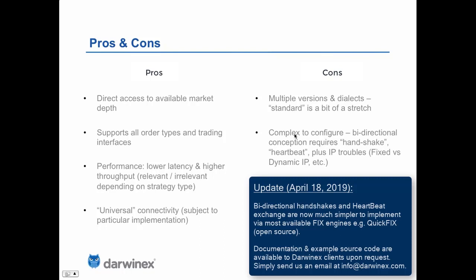And mostly, and this is the biggest complaint I hear from people who've tried it and gone out of it, is the fact that it's a complex system to configure because it's conceived for a bidirectional connection between two wholesale counterparties. So you have a lot of coding around just the handshake to establish a connection with the pricing provider. You have to send a heartbeat.